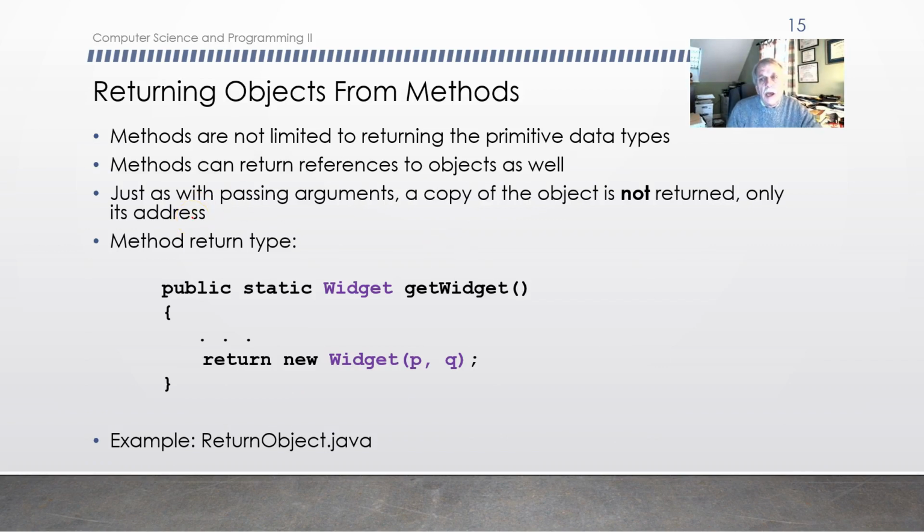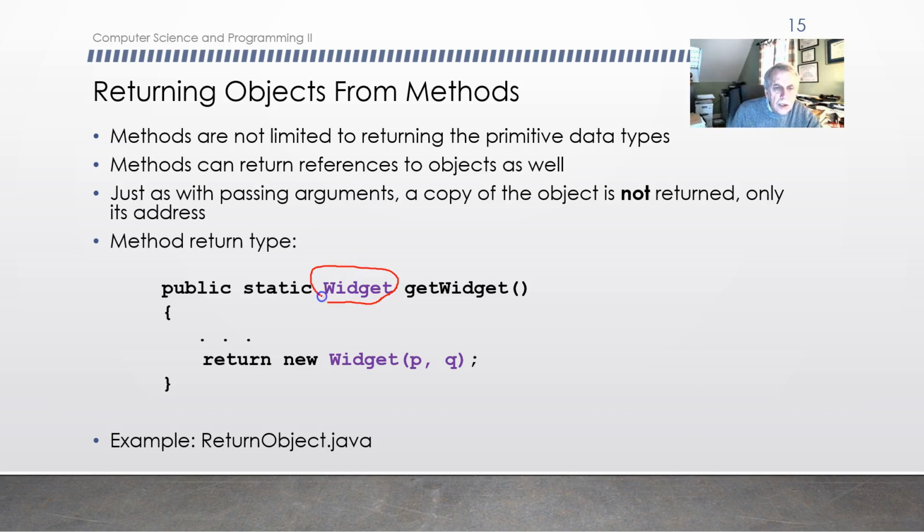Now, on the other side, how do we send data back from a method? In particular, if we've instantiated an object from within a method, how do we communicate that object back to whoever made the call, to the invoking routine? So methods can return objects, or effectively references to the object. So here what we have is this thing called getWidget, and notice it says public static Widget getWidget.